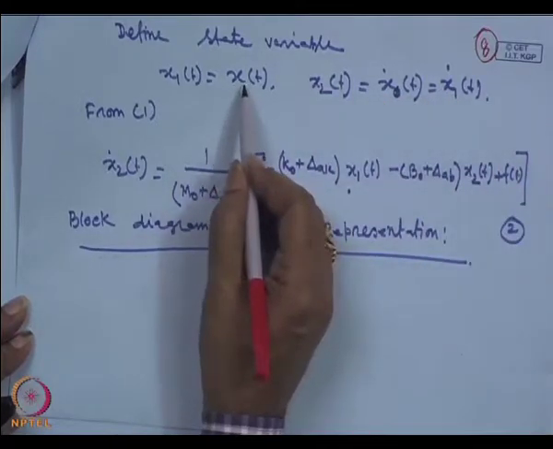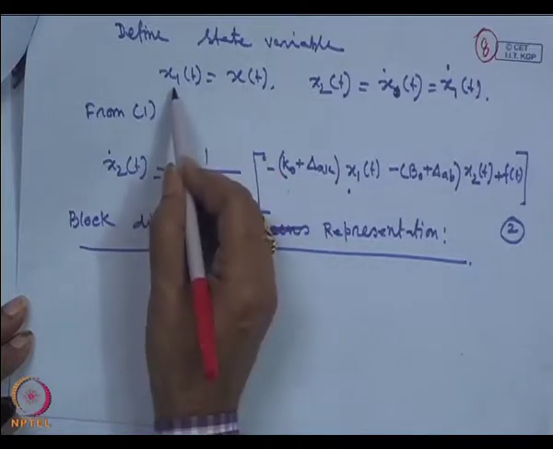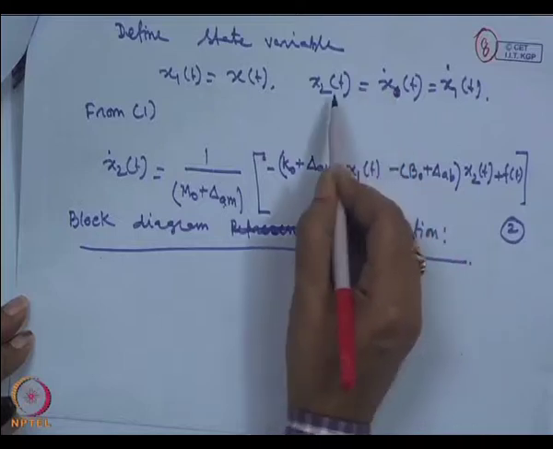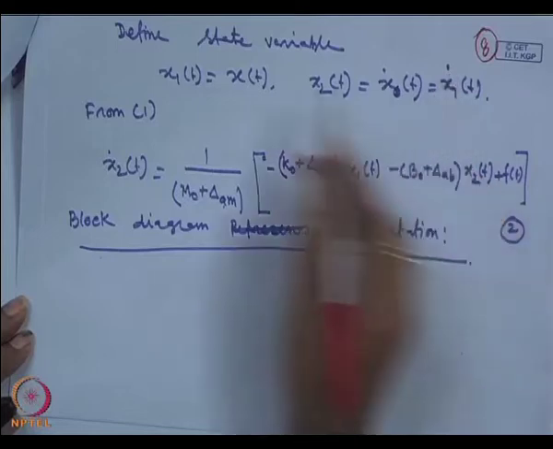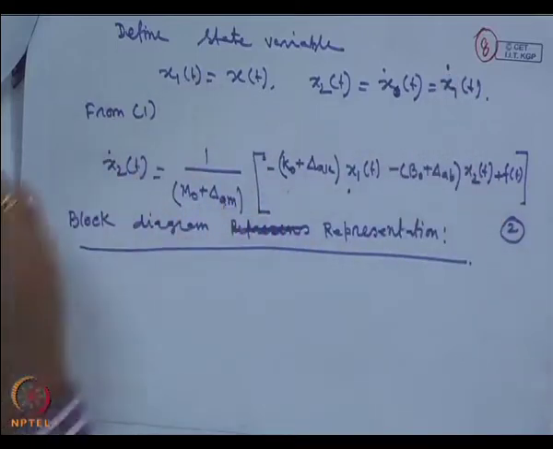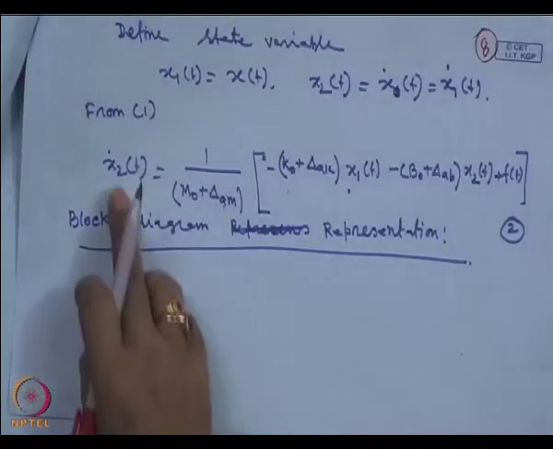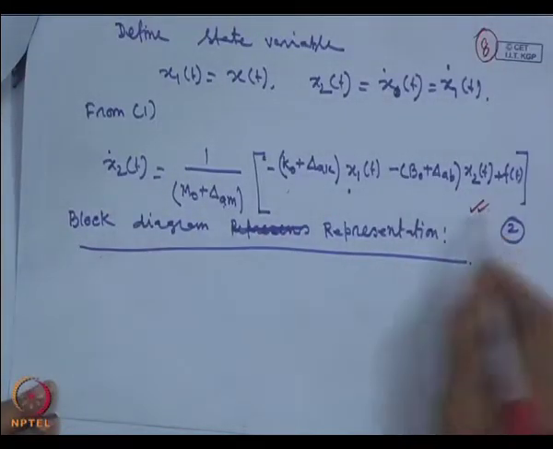The displacement of the object is x 1, and the new state variable x 2 is x 1 dot. Now, from equation 1, I can easily write that expression.